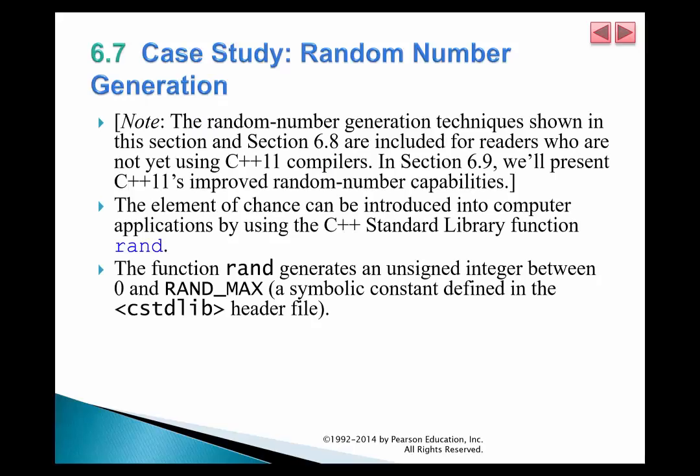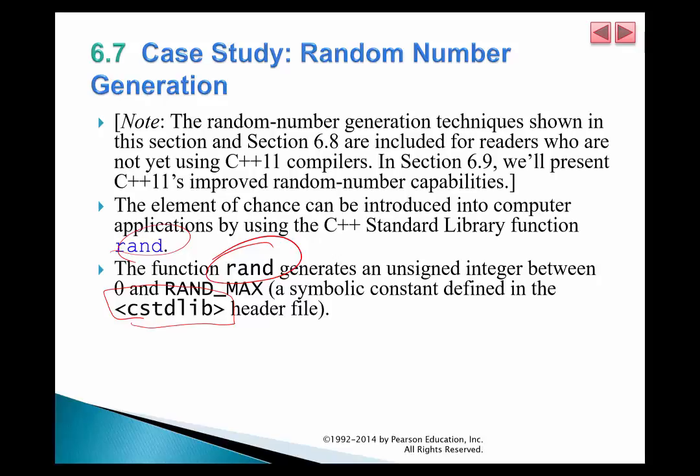Okay, this is the random number generator. There's an internal function called rand, and it's in the library, which is convenient, the random number generator library. And in the cstdlib standard library, there's also the constant.